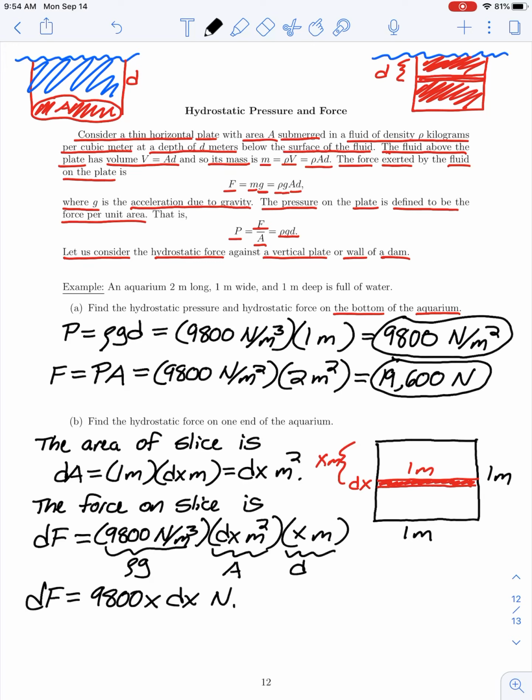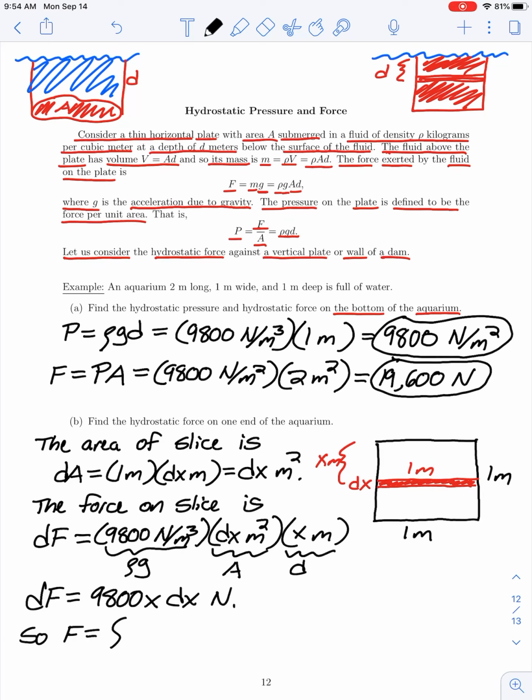So to find the total hydrostatic force against this one end of the aquarium, we would add up the hydrostatic force against each of these little slices, taking slices from the top edge of our tank down to the bottom edge. So this would be given by a definite integral of this 9,800x dx.